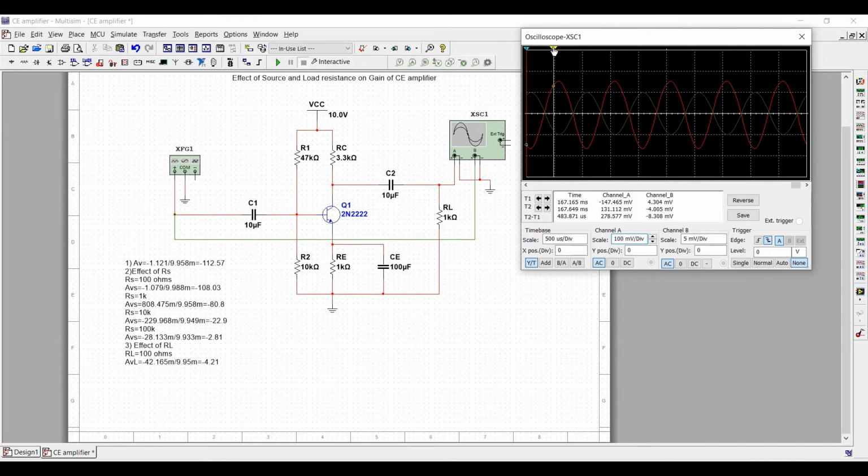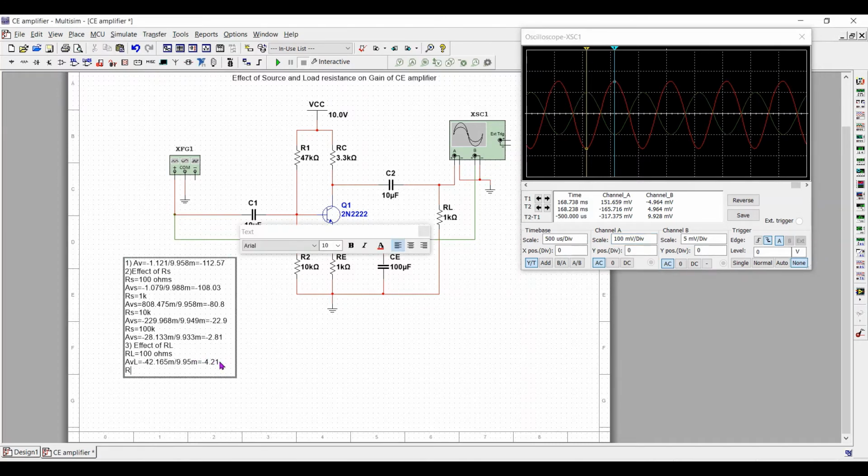Take the cursors as told. So the output over here for RL equal to 1K, AVL is equal to minus 317.37 milli divided by 9.928 milli, which is equal to minus 31.74.